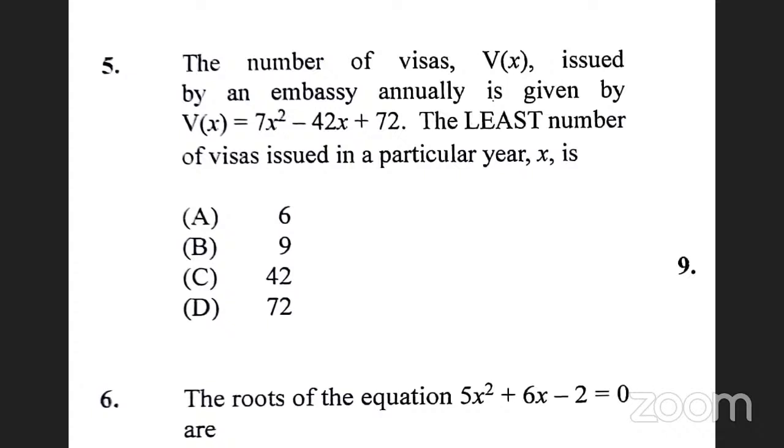They want the minimum value basically. How do you find the minimum value? H or K? Sorry, minus H or K? Minus H. What's the x value though?